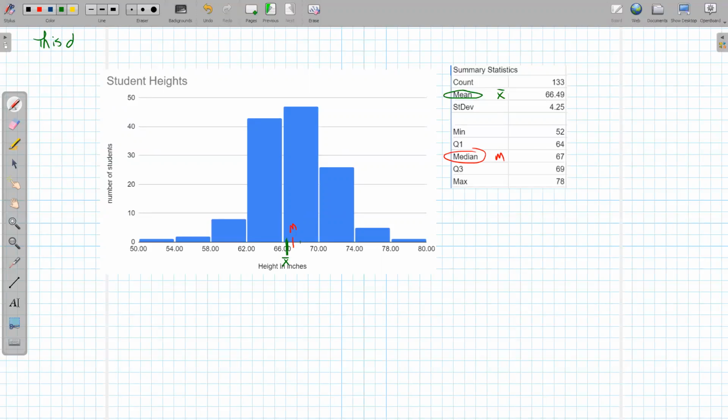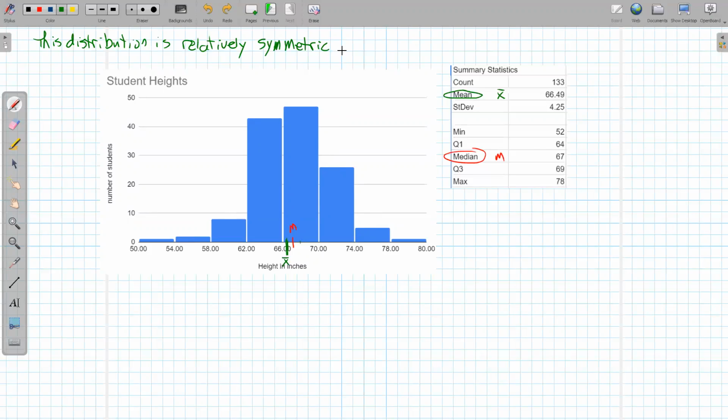So this distribution is relatively symmetric. Right, if I draw lines through those midpoints in a smoothish curve, it's got a relatively symmetric bell shape.